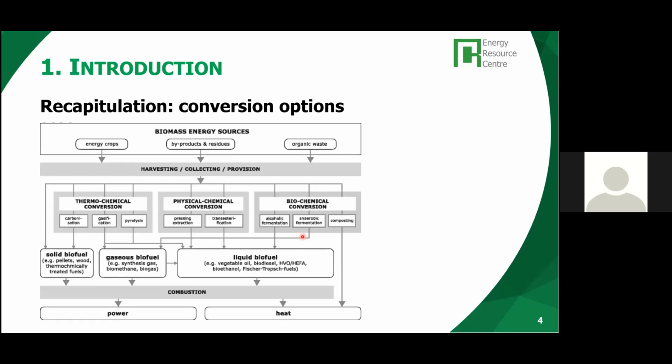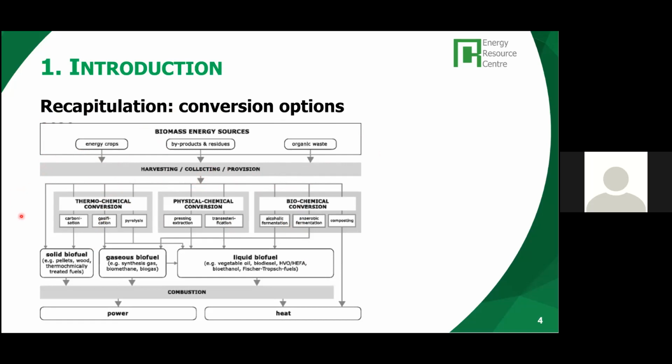So what we looked at in one of the previous sessions on conversion options for bioenergy was that, say, starting from the different types of biomass, and after harvesting and collection and provision to the project site, we have different options for converting the biomass to energy.